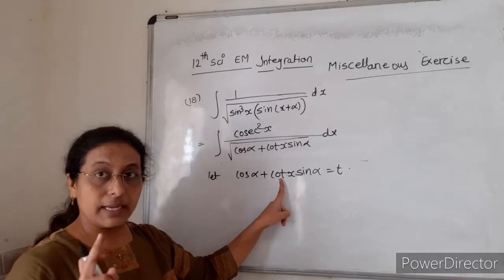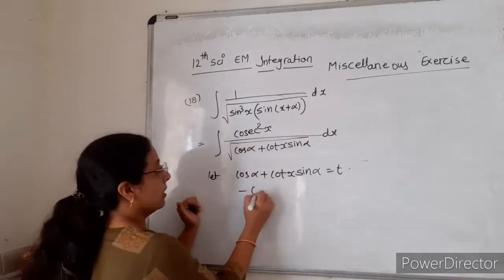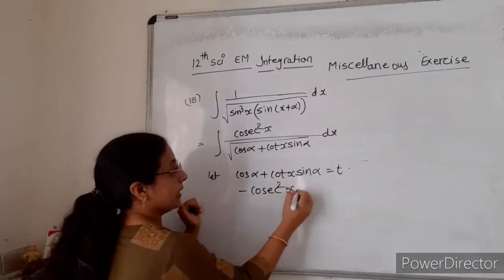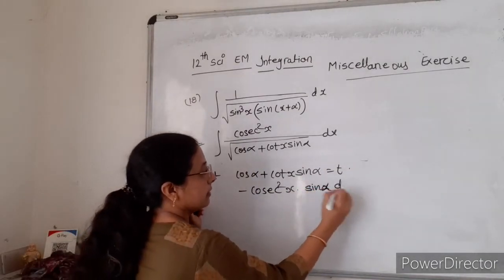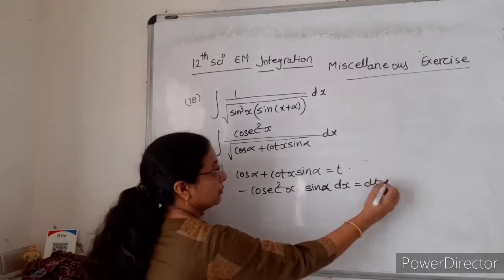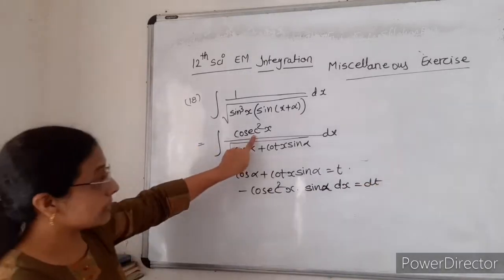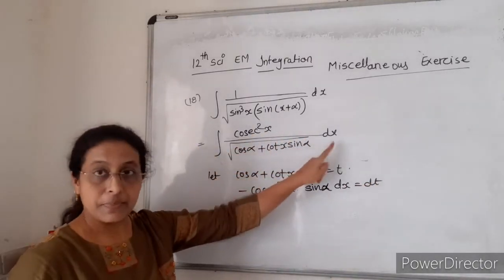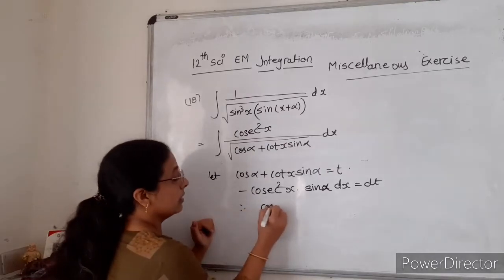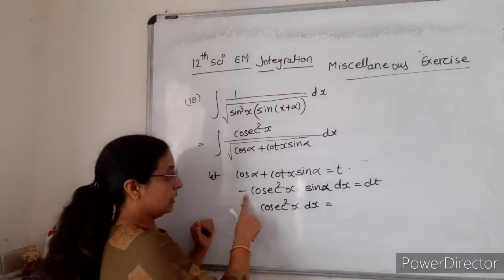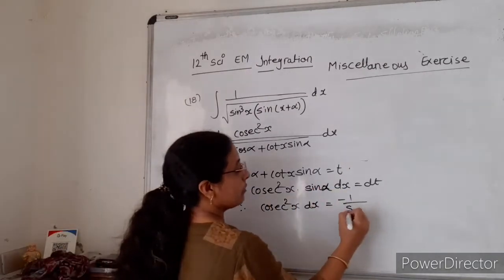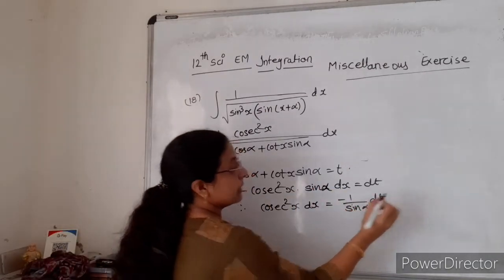Cot x, the derivative of cot x is minus cosec square x, and the sine alpha is constant, dx is equal to dt. Now this is cosec square x dx. So I will write cosec square x dx is equal to minus 1 upon sin alpha dt.